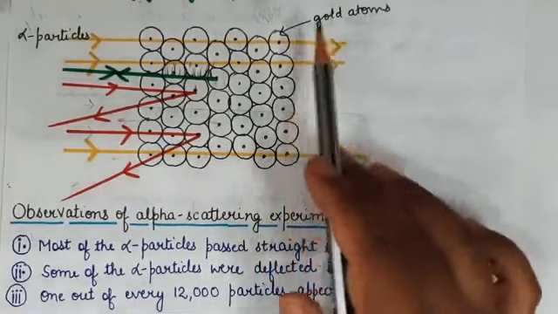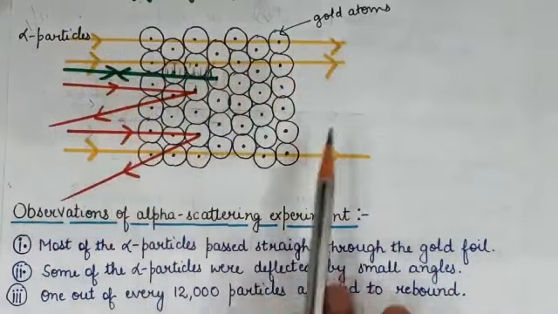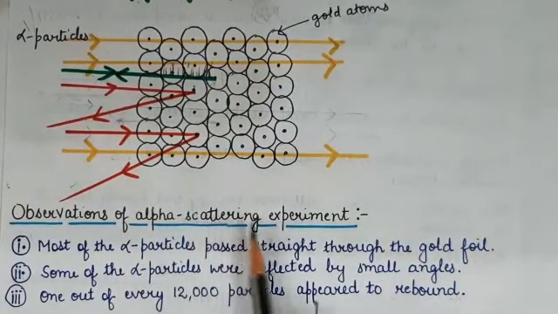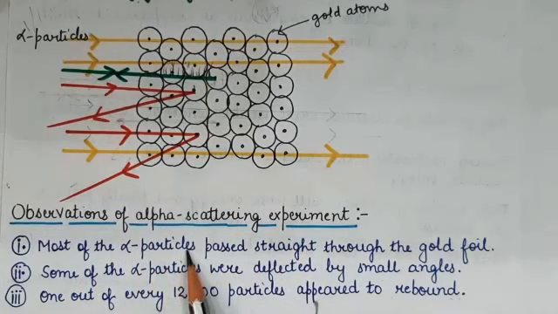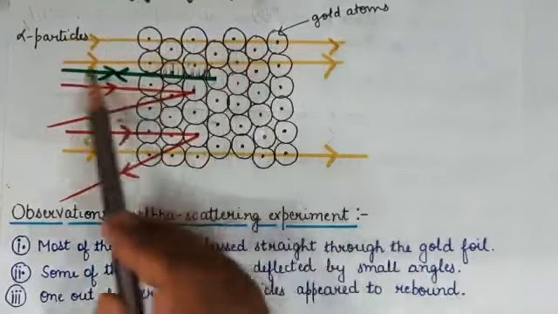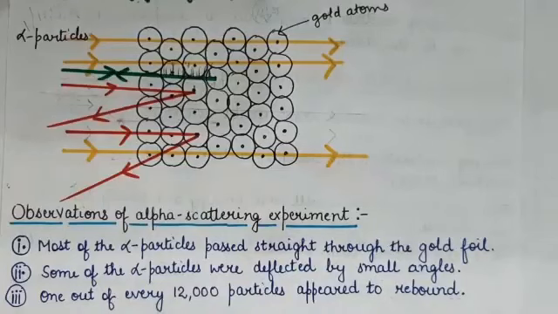These are the gold atoms and the alpha particles were passed through this gold foil. So what were the observations of the alpha scattering experiment? Number one, most of the alpha particles passed straight through the gold foil. You can see by the yellow line I have drawn, these alpha particles passed straight.